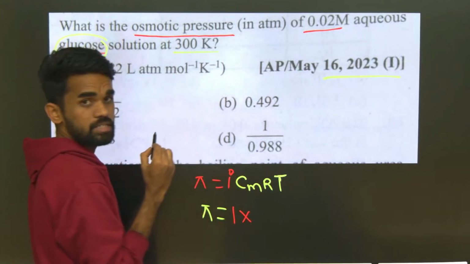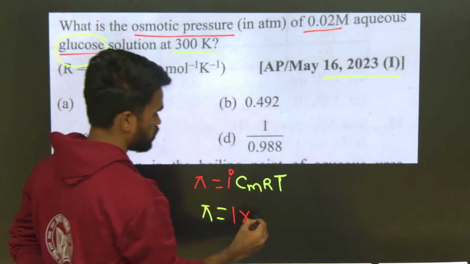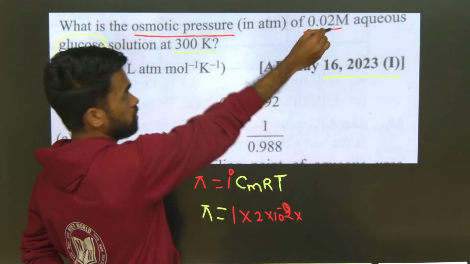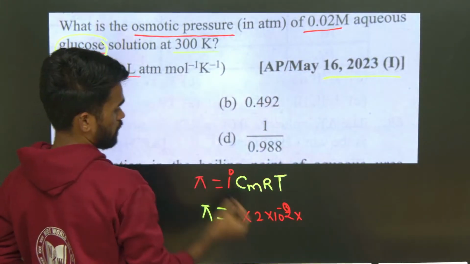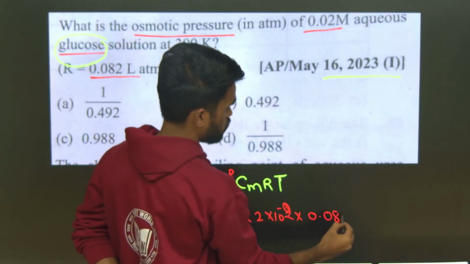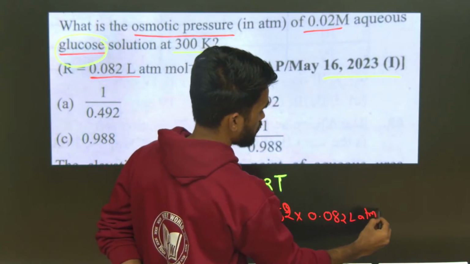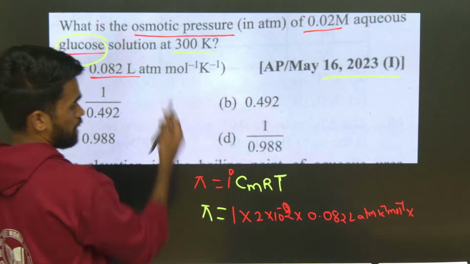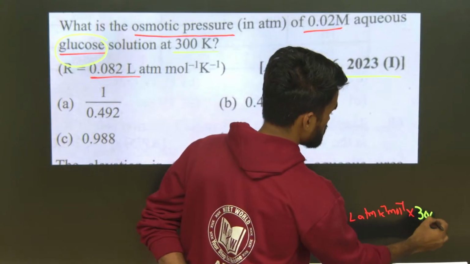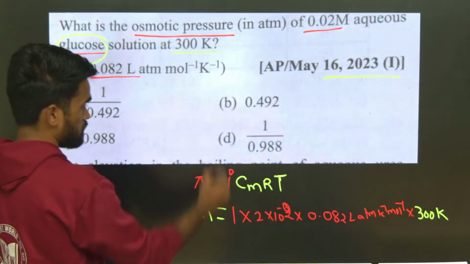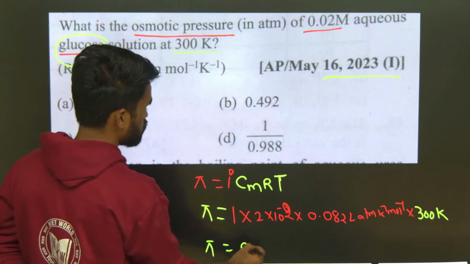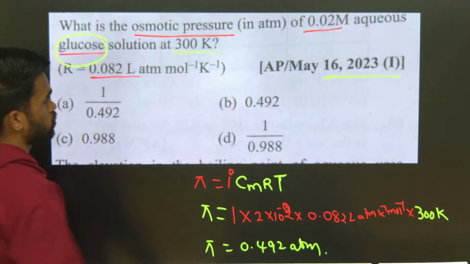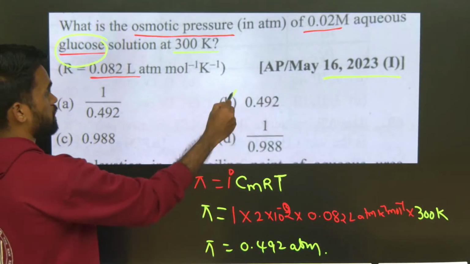And what is the molar concentration mentioned? 2 into 10 power minus 2. What is the R value given? 0.082 liter atm Kelvin inverse mole inverse. What about temperature? 300 Kelvin. You can just simplify this and you will get one of these options. So pi equals 0.492 atm. So option B will be your answer for this particular question.